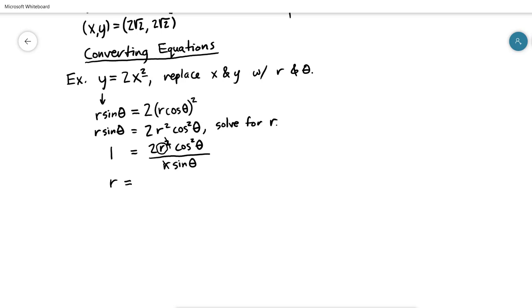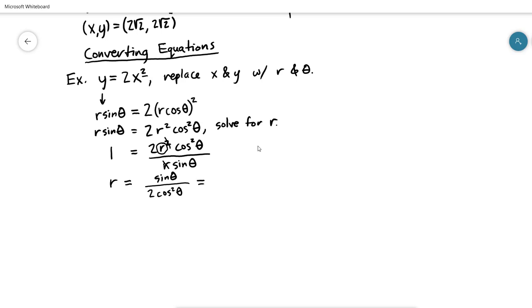So this guy I'm just copying down over here. The r I've just copied over here. And I'm going to divide by 2. So we've got on the other side a 1, but I'm going to divide by 2 cosine squared of theta. And I will multiply by sine of theta. And so we get sine of theta on the top. This is what it looks like.